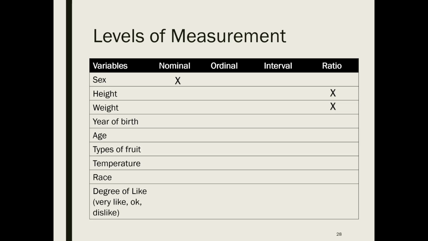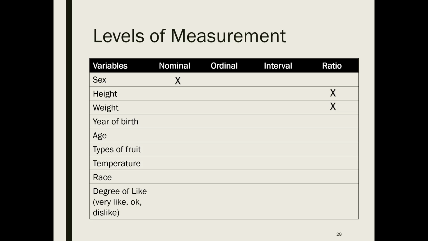And also height and weight have a true zero. What does zero weight mean? That means there's no weight, right? What does zero height mean? That means there's no height. Well, in reality it could not be achieved, but in theory there is something like that, right? So weight and height are ratio variables.